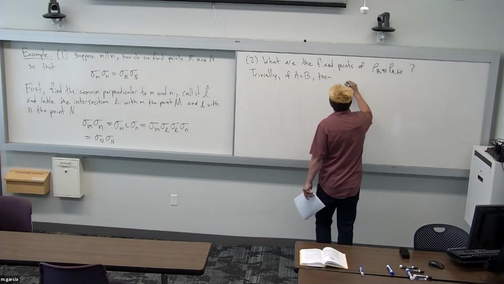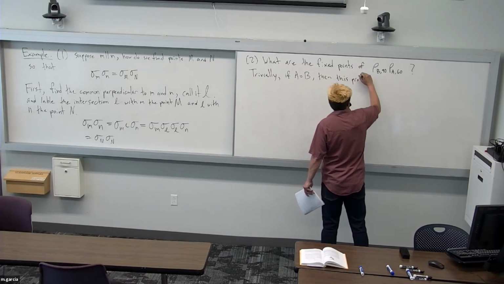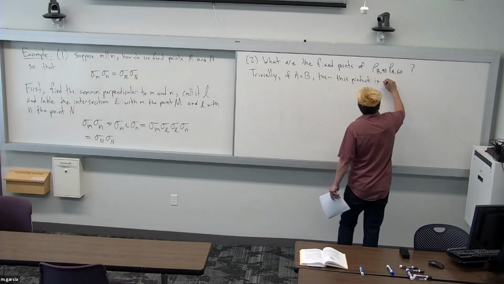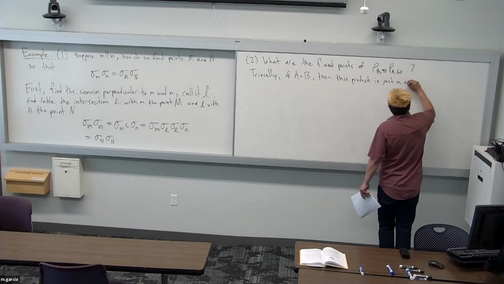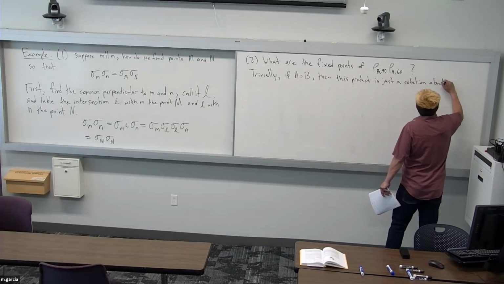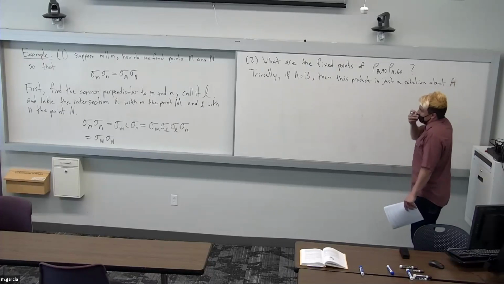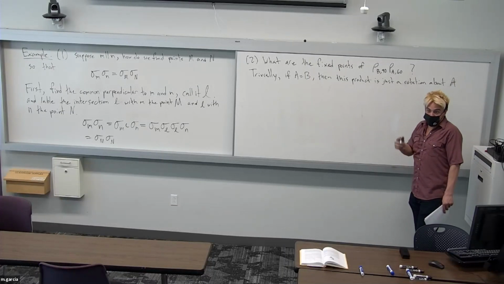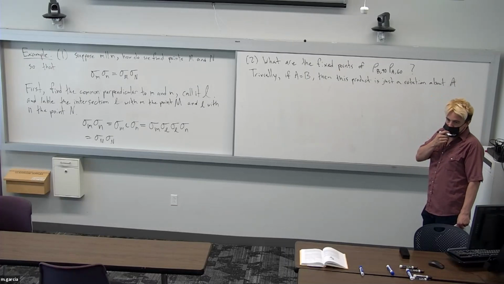then this product is just a rotation about A. And we know rotations only have a single fixed point, your center. That's because the rotation is not 360 degrees.